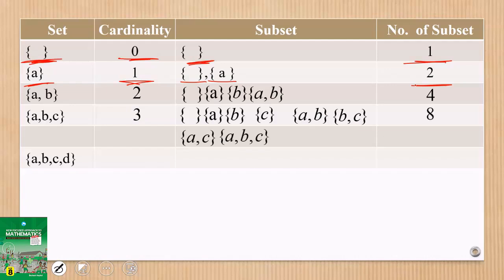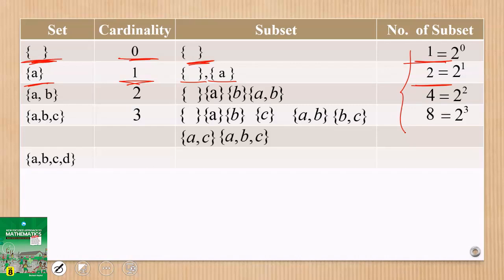Now observe these numbers over here. Realize that the first number, which is 1, can be written as 2 to the power 0. 2 can be written as 2 to the power 1. Then 2 to the power 2. Then 2 to the power 3.